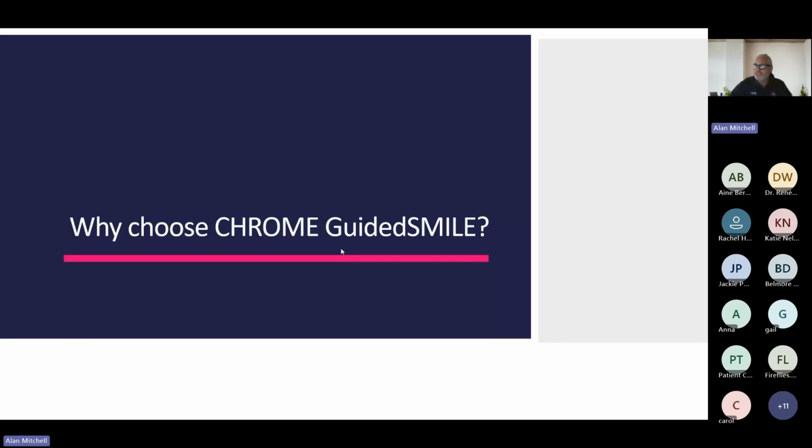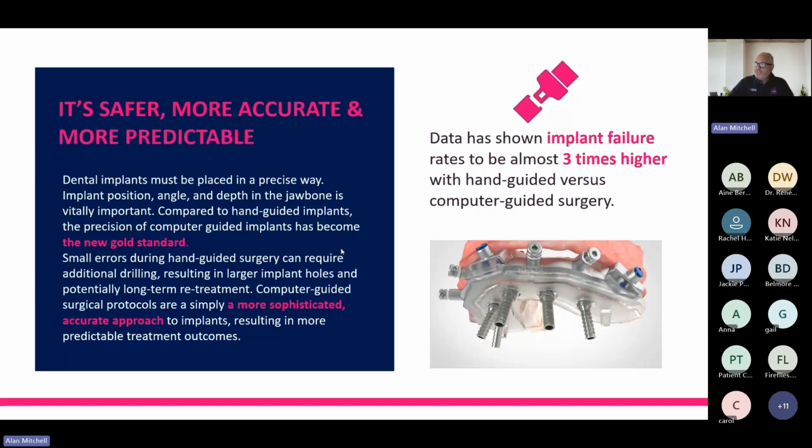So why choose us? Why should the patient choose CHROME GuidedSMILE? What sets CHROME apart from the other products that are out there on the market that we spoke about? As you can see from this data that we've looked at, implant failure is 3 times higher when the implants are placed freehand compared to computer guided, which we spoke about in one of the other slides.